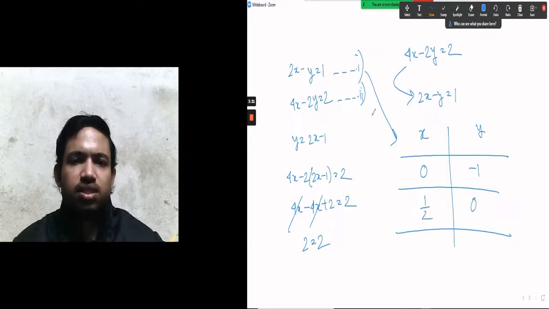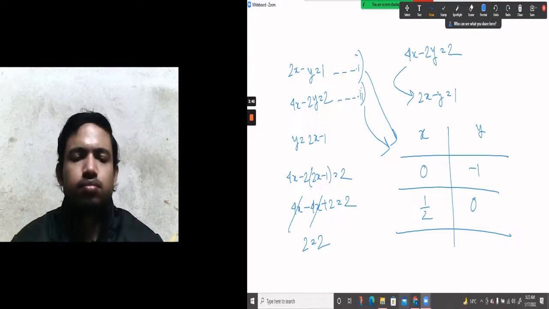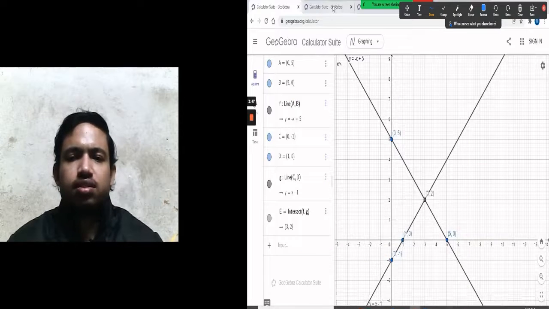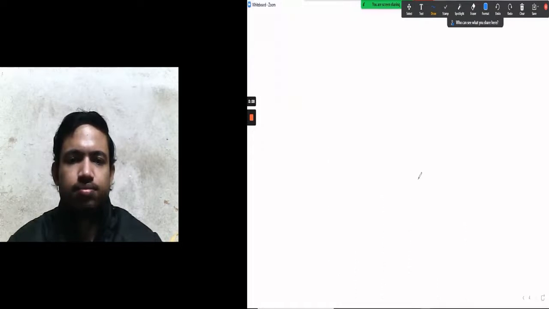Similarly, for the second equation, we get the same points as the first equation: for x equals 0, y equals minus 1, and for x equals half, y equals 0. So this straight line represents both the first and second equation. So, they have infinite common points between them, or we can say the simultaneous equations have infinite solutions.